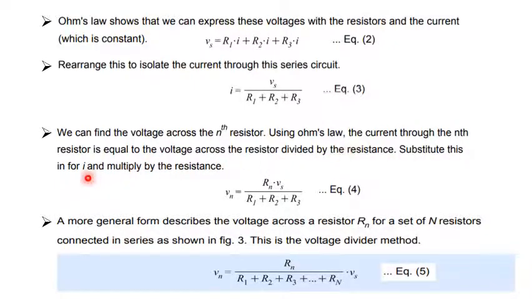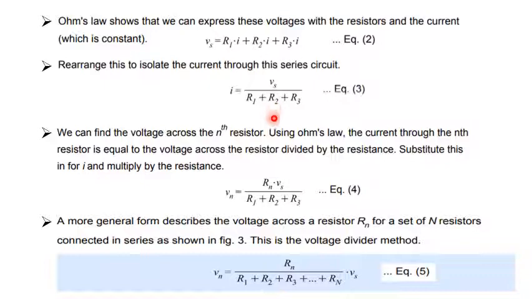Substitute this for I and multiply by the resistance. This is the total current. If we apply Ohm's law for n number of resistances connected in the circuit, Vn is equal to Rn into I. I is also given here.